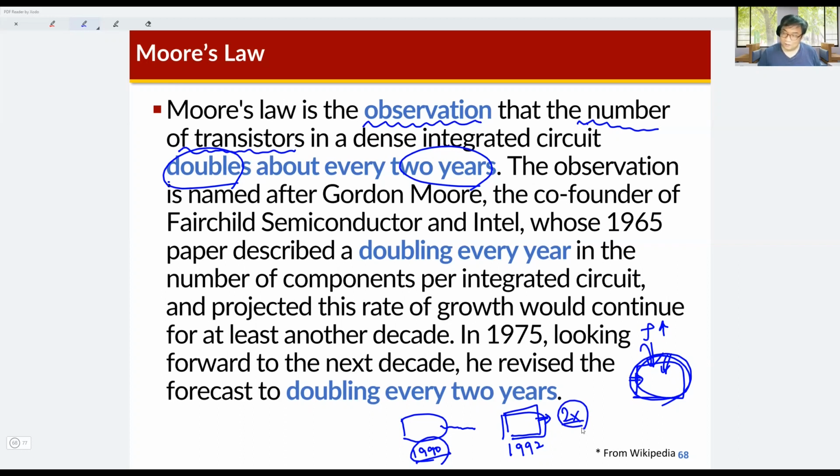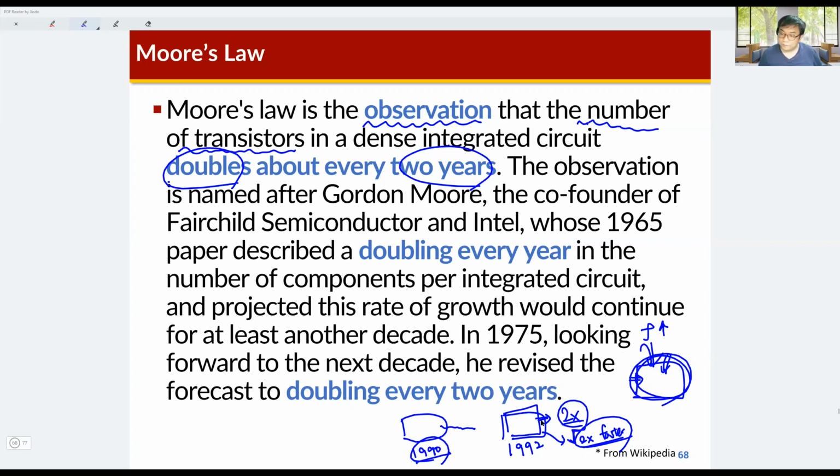The number of transistors doubles, and then the CPU works about, not 2x, but square root of 2 faster. So it's a better CPU.